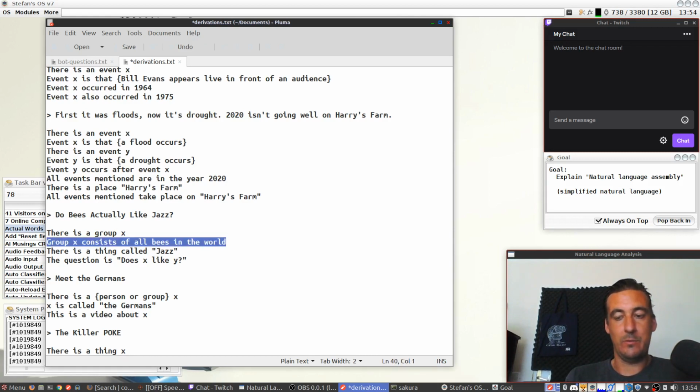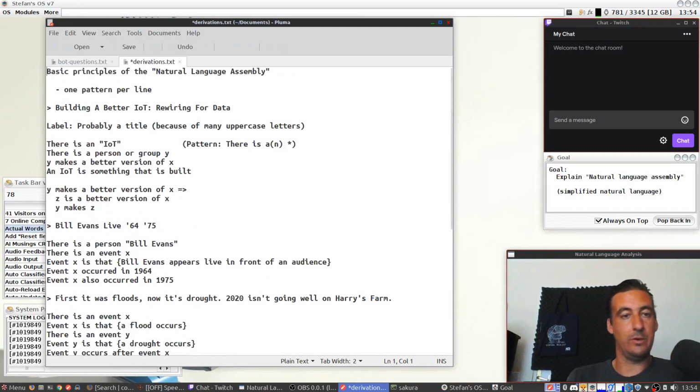This is probably, once again, a two-pattern line that will be simplified. There's a thing called jazz, and the question is, does X like Y? Did I declare the Y? No, I did not. Jazz. The point of these there is lines is to introduce a word that we can reference later.